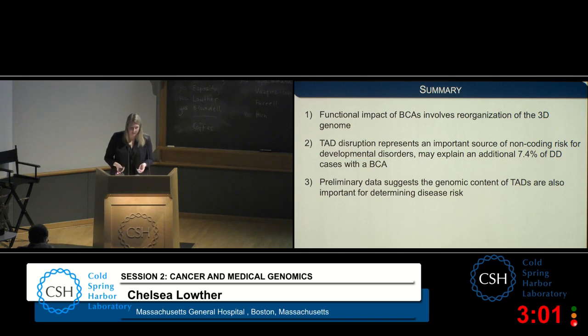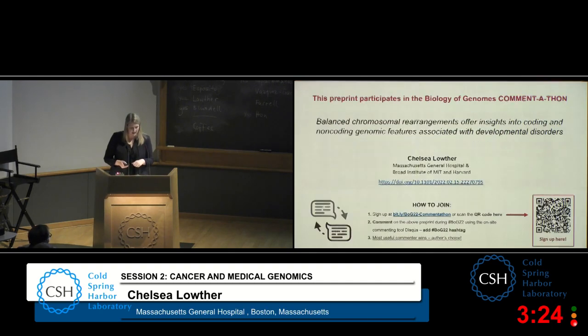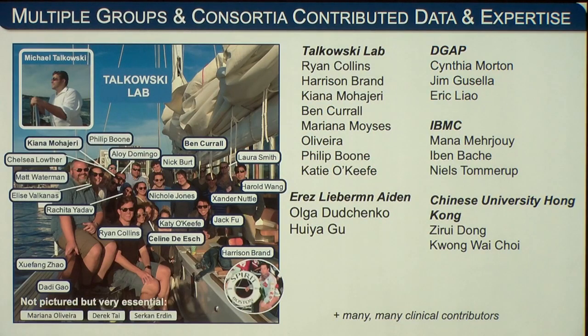We have preliminary data to suggest that genomic content of the TADs is also important for determining disease risk, but our models are not powerful enough yet to discriminate cases from controls, and so we're going to need larger data sets and more sophisticated statistical models before we could ever use something like this for the clinical interpretation of balanced chromosomal abnormalities. And with that, I just want to thank everybody in the lab and all of our collaborators, and I'm happy to take any questions.